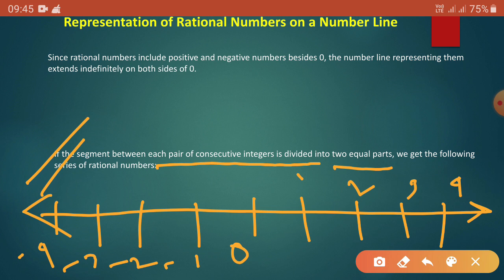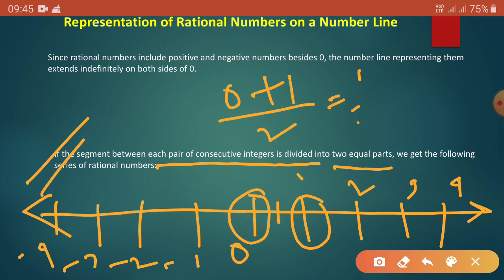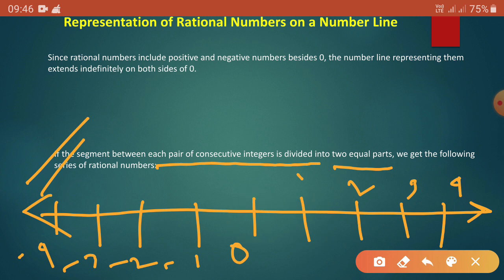If this mark is 0 and this mark is 1, what will be the rational number in between? We know the formula, 0 plus 1 by 2, that is 1 by 2. So we start from 0, then we have 1 by 2, then we have 1. If we mark the line here for 1 by 2, it will be the rational number between 0 and 1.